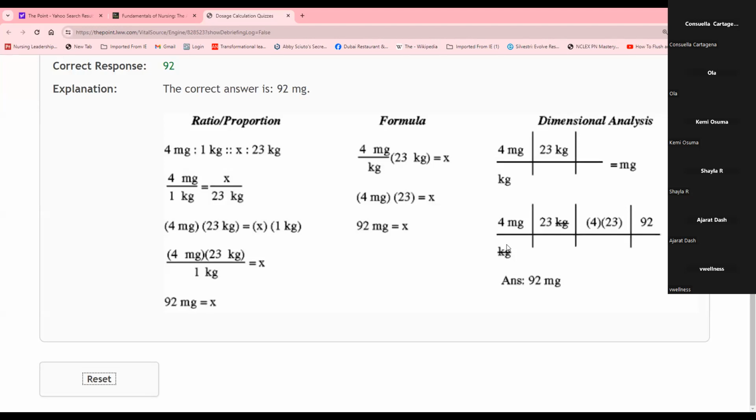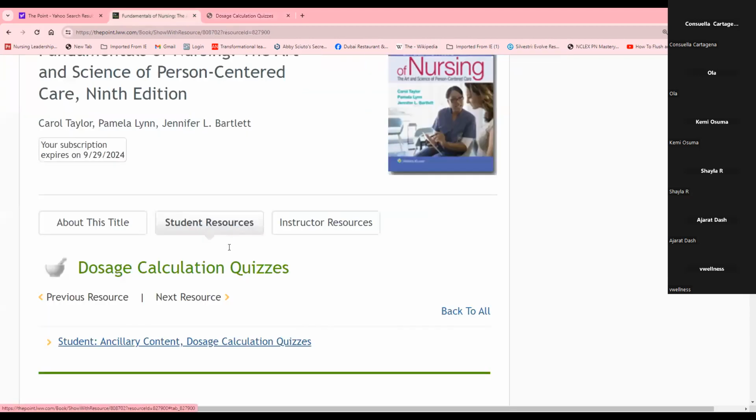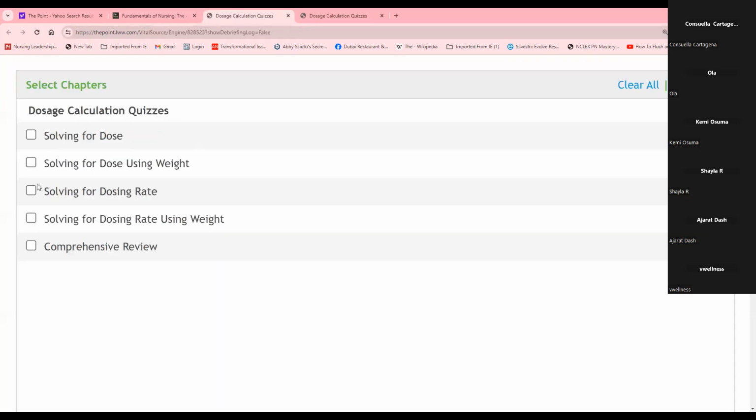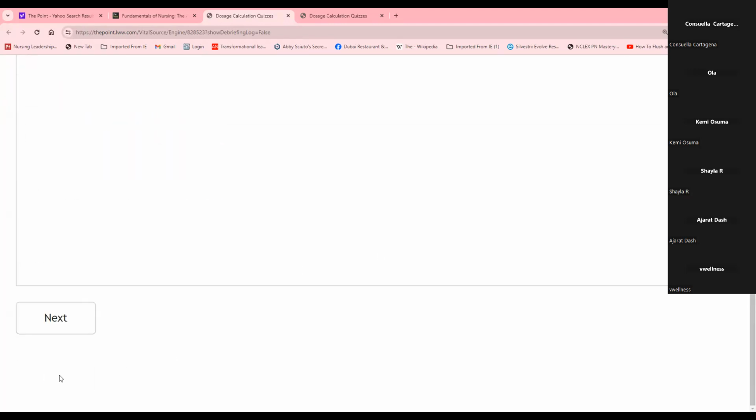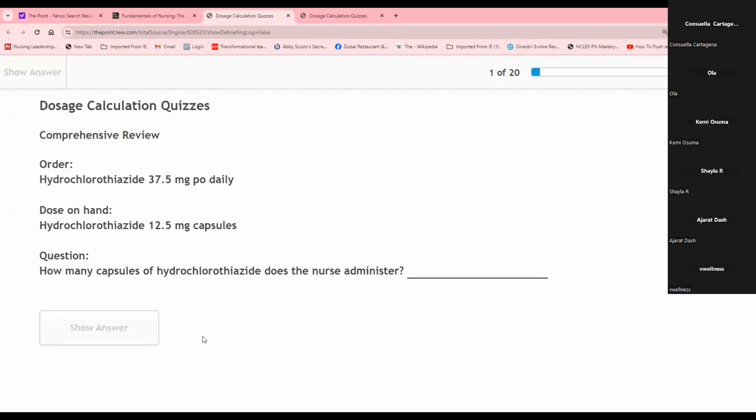Okay, start with the first one. Is it 3 capsules?